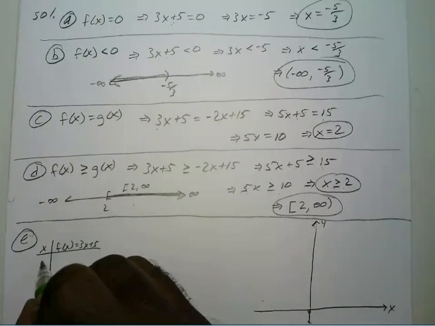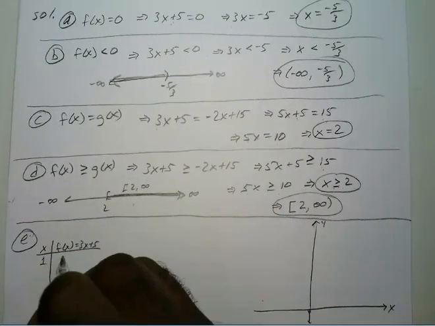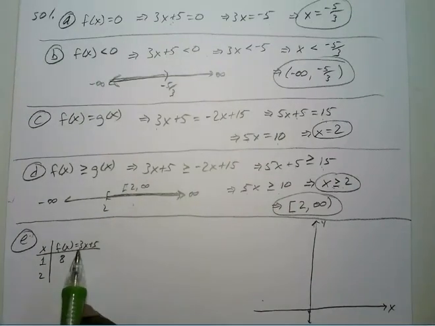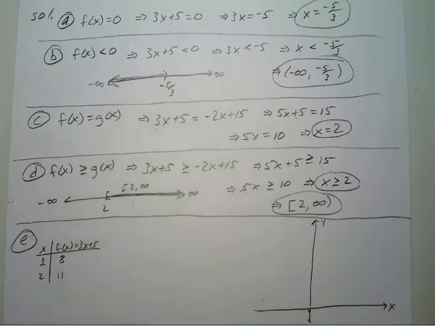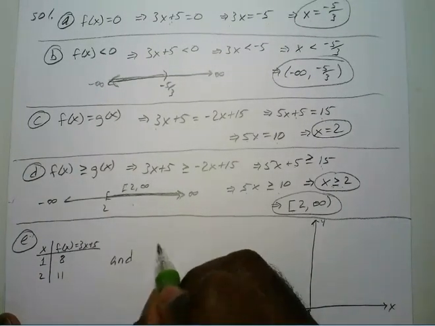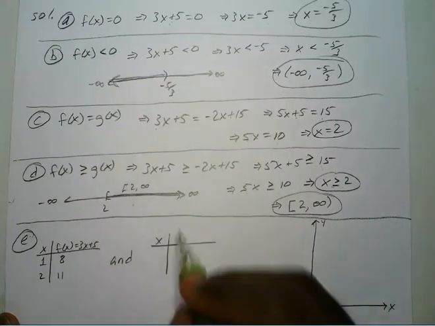Okay, so let's say x is equal to 1. 3 times 1 is 3 plus 5 is 8. Let's say we make x equal 2. 3 times 2 is 6 plus 5 is 11. Okay, so let's say we also want to graph our g of x.